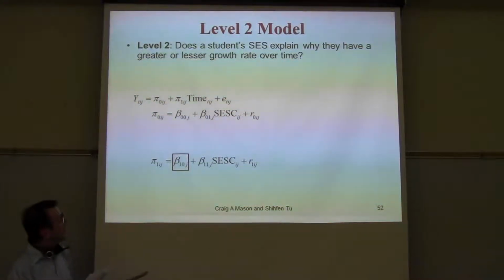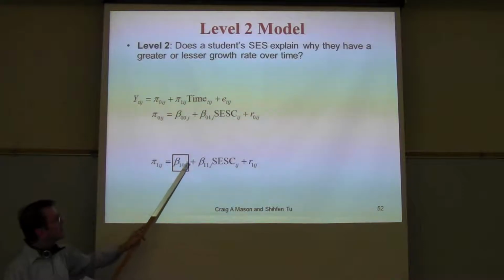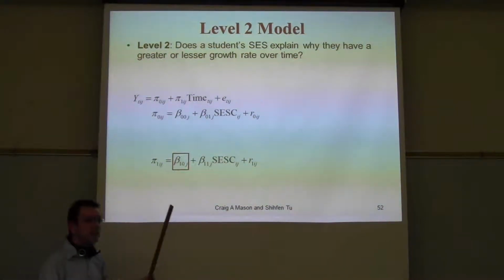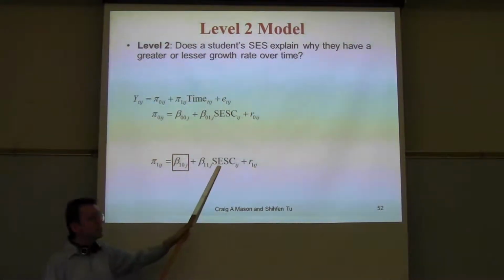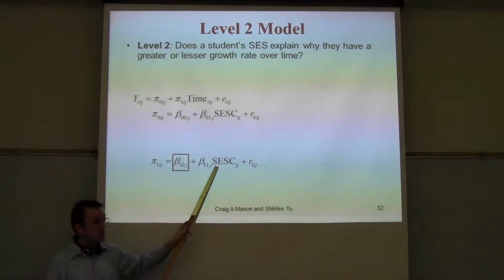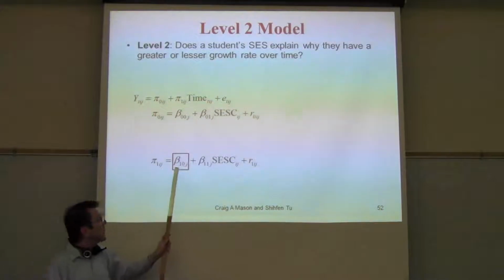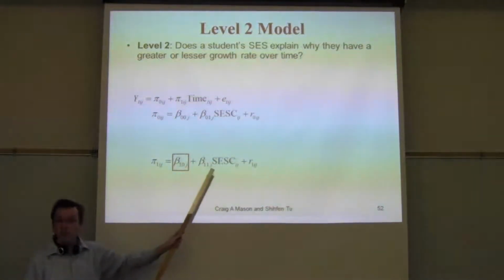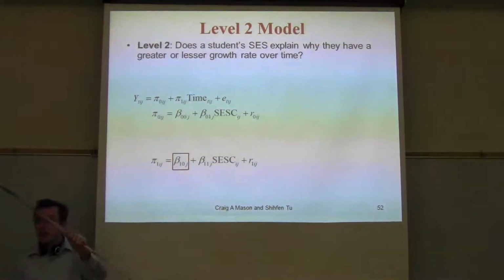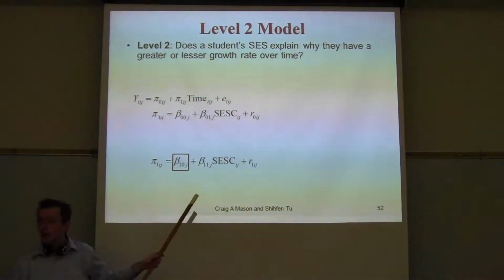So beta 1,0j is the intercept, which would just be that predicted slope when SES equals 0. For each school, beta 1,0j, we have this 25 times. Each school gets its own level 2 equation.